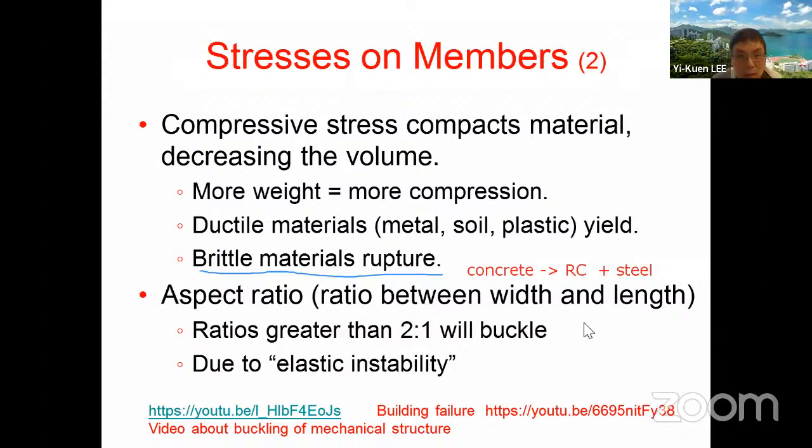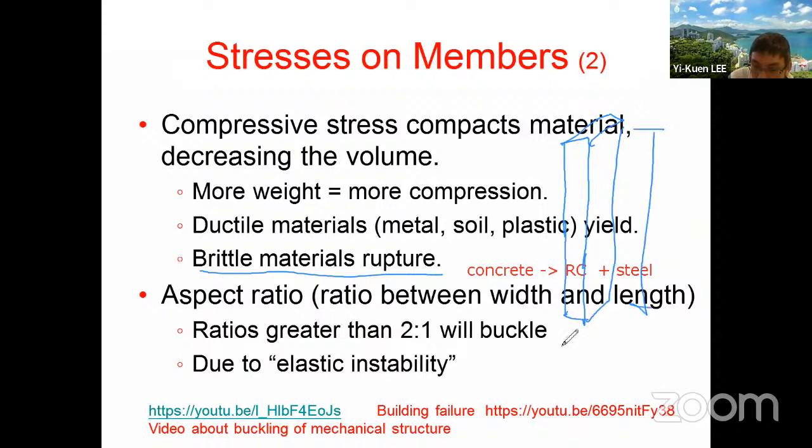If you have a very tall building, even though the stress is smaller than the maximum level, you have to think about the length and the area. If this ratio of length to area is not a good design, it can cause some buckling.